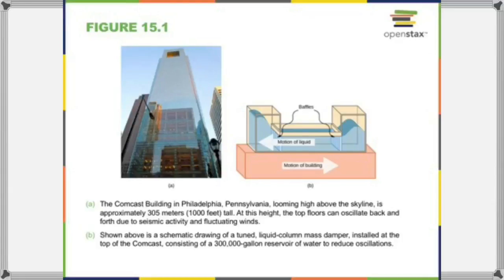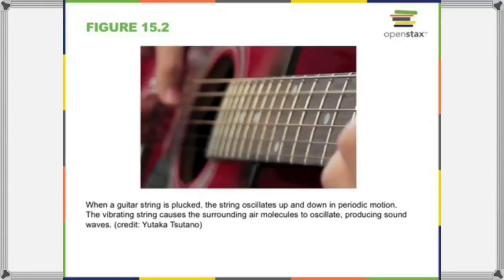We never think about such stuff, but what we think about is usually music, guitar strings. You pluck the guitar string, it oscillates, right? We know that each string has a definite thickness, different radii, so they oscillate with different frequencies.